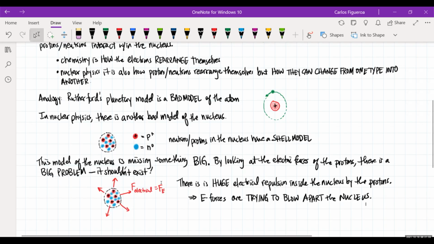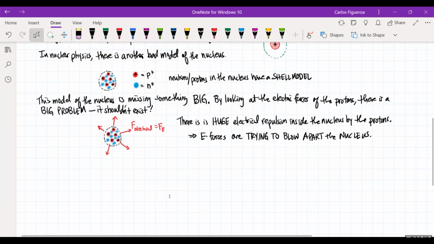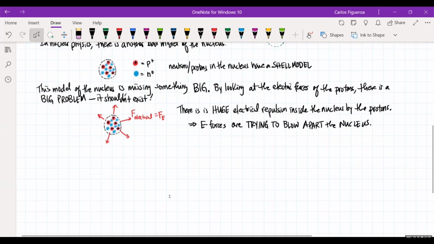So the question is, what's going on? Now we know that many nuclei are stable.